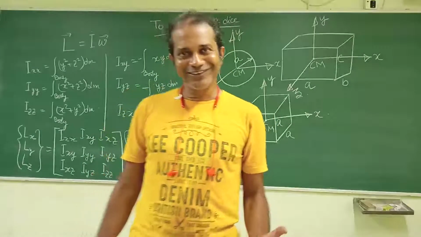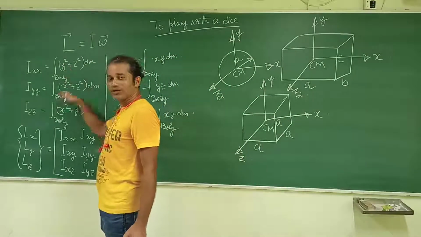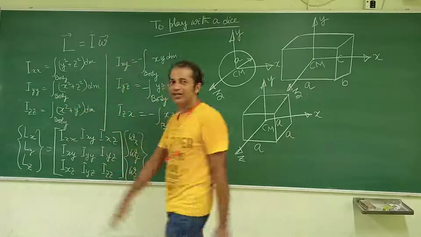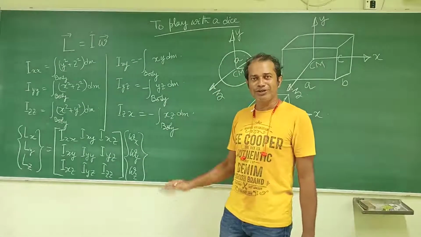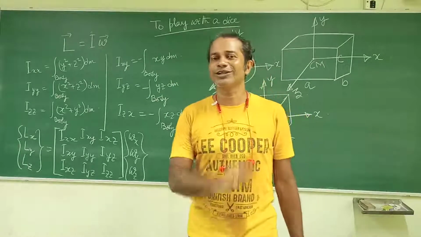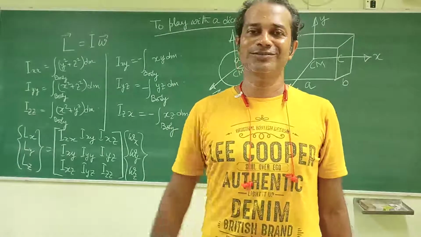Are you understanding? I think you have discussed in your higher secondary days that this is the mass moment of inertia. But products of inertia tell whether the body is symmetric or not.